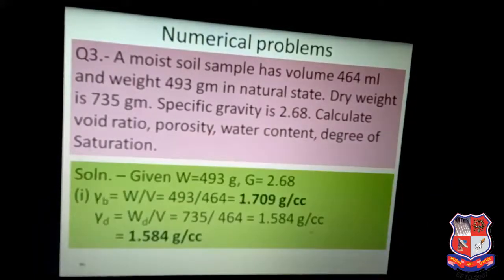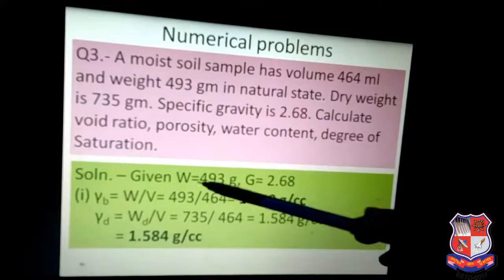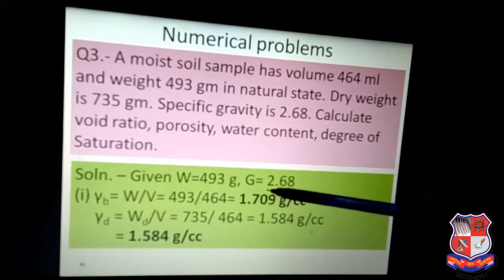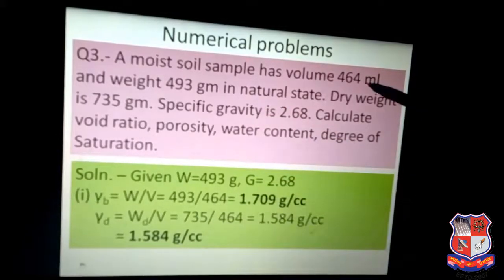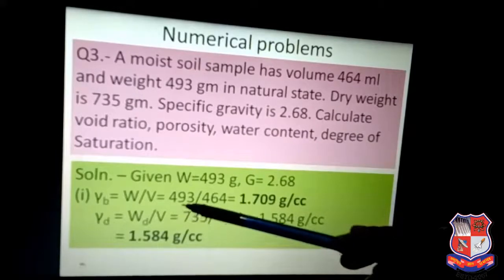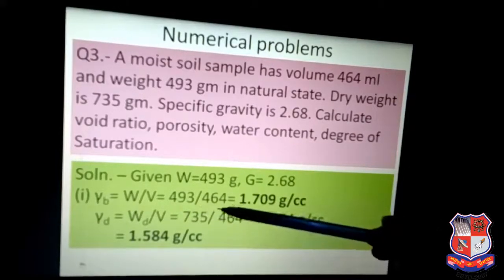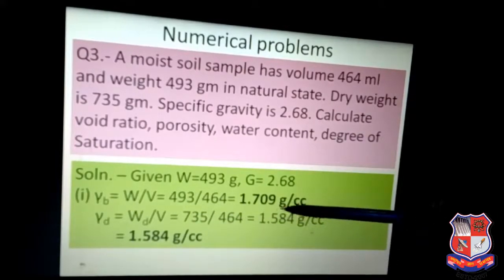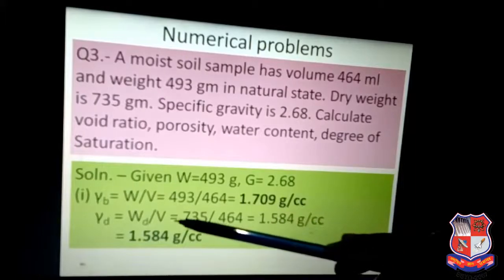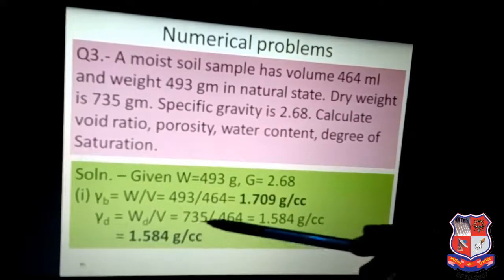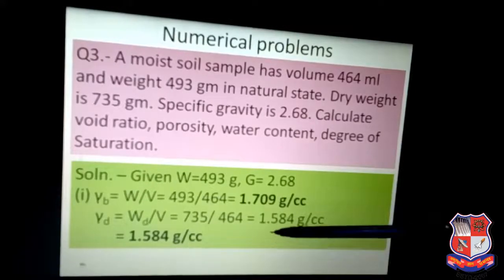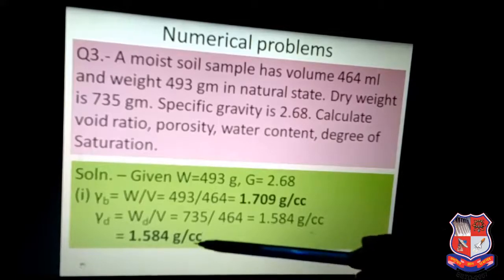So to begin with the solution, we have the given parameters: total weight 493 gram, specific gravity 2.68, and volume 464 milliliter. So gamma bulk is W by V, 493 by 464, that is 1.709 gram per cc. Gamma dry, gamma D equal to W D by V, so 735 by 464, this becomes 1.584 gram per cc. So we have got the gamma dry also.